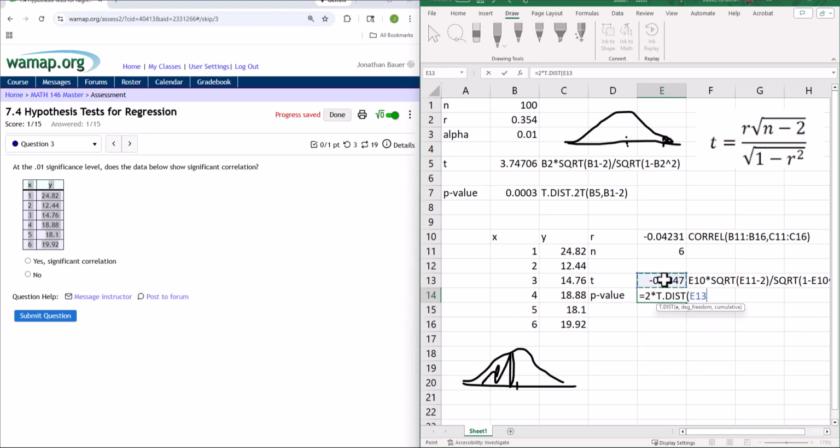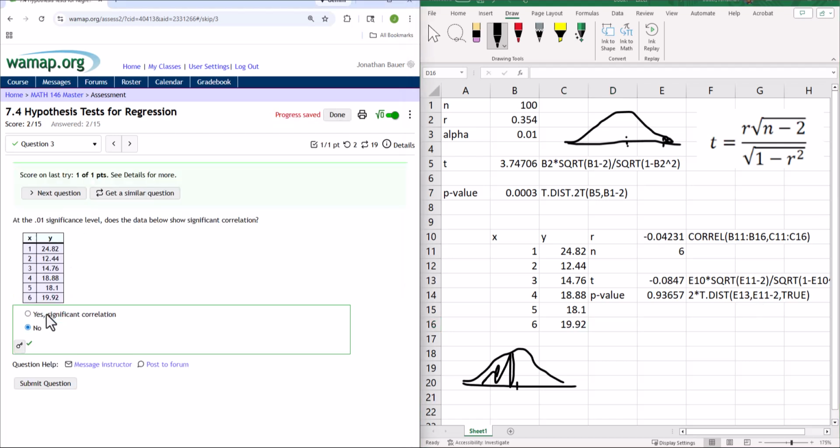Click on my test statistic, comma, the degrees of freedom is n minus 2, and I forgot to put TRUE. Battling through it, our p-value ends up being really large. When I compare it to this, we are way larger than 0.01, so this is not significant.